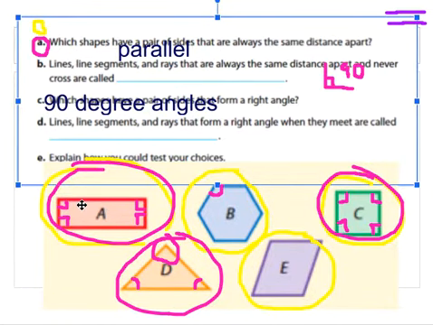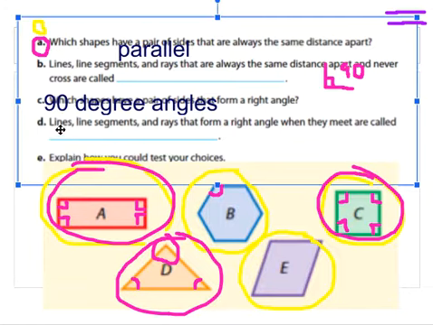You can just put it right there in that corner, and you can test it. If that angle that you're testing is less than the corner, smaller than the corner of your Post-it note, it's an acute angle. If the angle that you're testing is greater than the corner of your Post-it note, it's an obtuse angle. Very good. So we can test it with something that we know is a right angle.